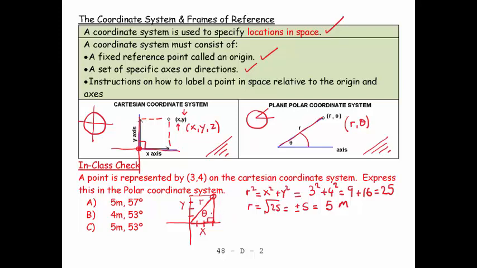What about the angle? Well, we know that tan of an angle is equal to the opposite over the adjacent, and as I look at my diagram, the opposite is going to be 4 and the adjacent is going to be 3.